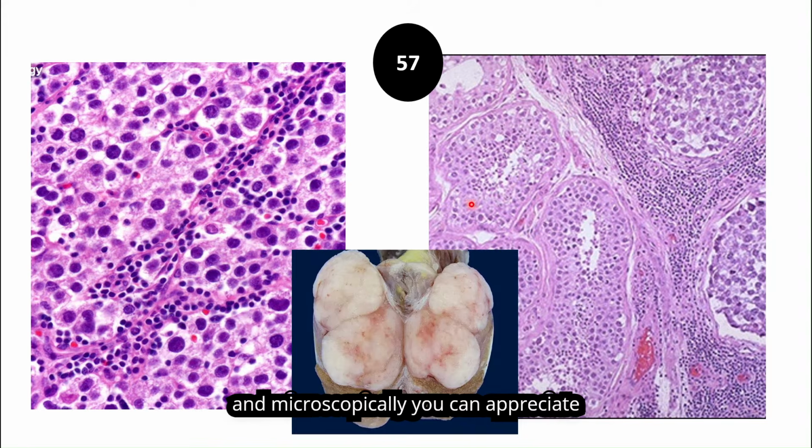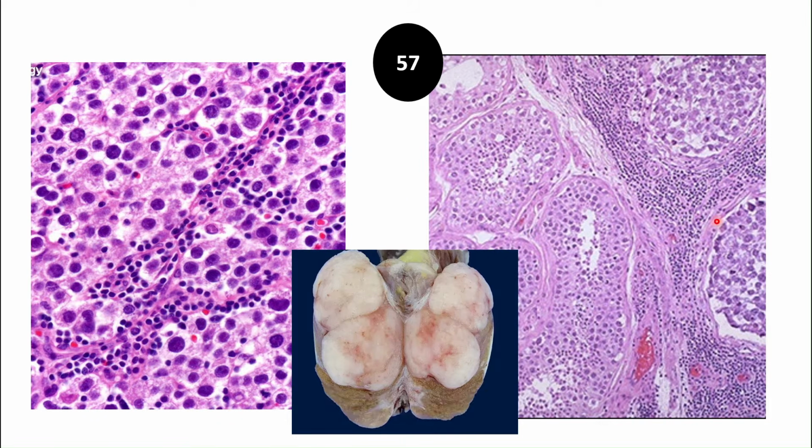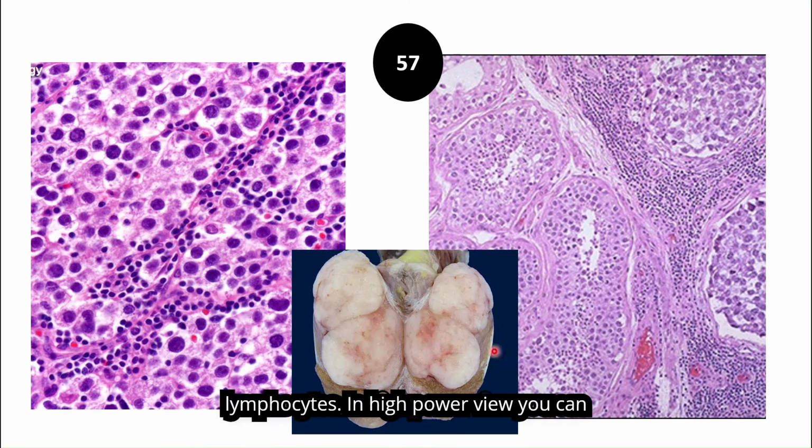and microscopically you can appreciate these are the normal tubular structures of testes. So these are the seminiferous tubules with some abnormal appearance of nodule showing malignant cells with fibrous septa and lymphocytes.